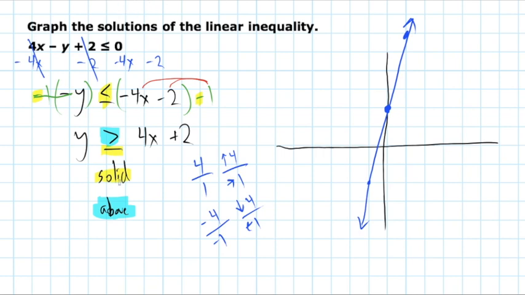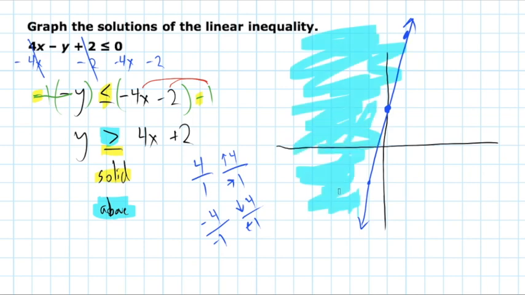We said that it is above the line, so I'm going to shade everywhere above the line. Don't think about left or right, think about up and down, because we're talking about y is greater than. Y is up and down, so I'm going up from every single one of these points.